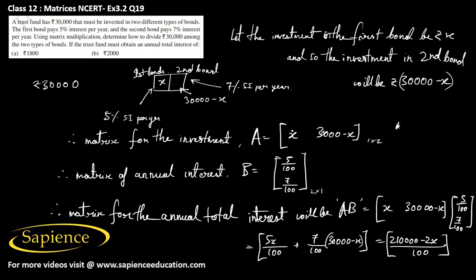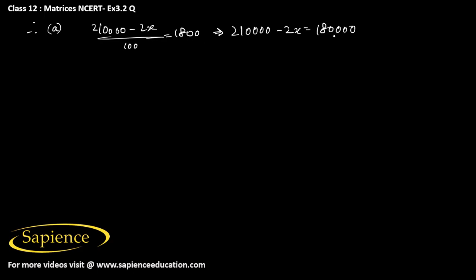So therefore, it means that in the first part, this total annual interest, which is 2,10,000 minus 2x by 100, should be equal to 1,800. So therefore 2,10,000 minus 2x should be equal to 1,80,000. So therefore 2x will be equal to 2,10,000 minus 1,80,000.